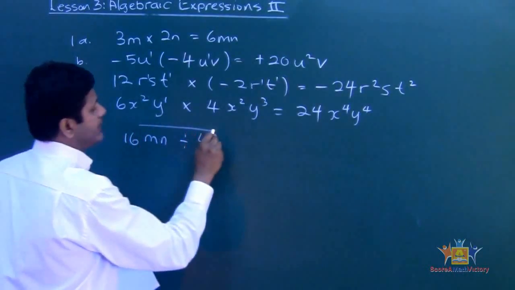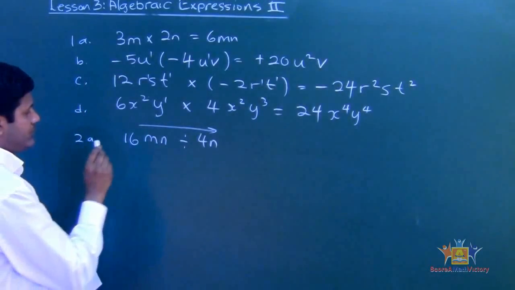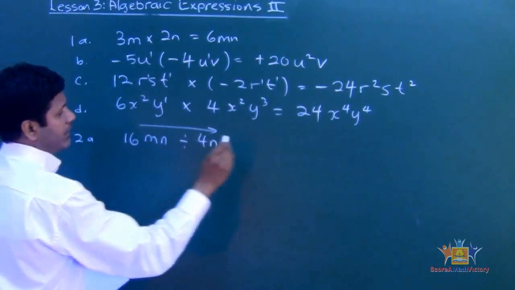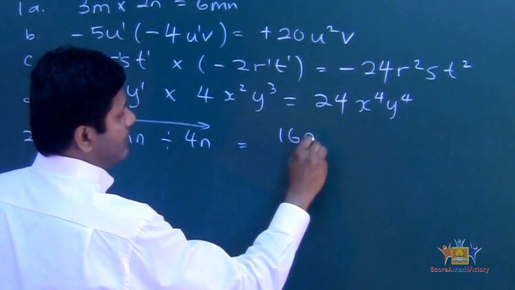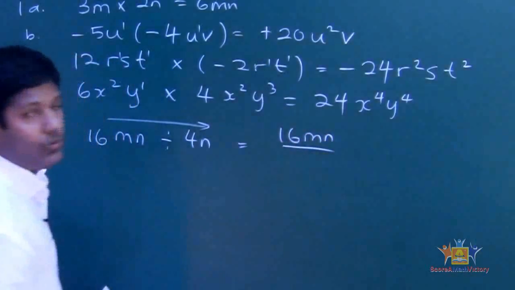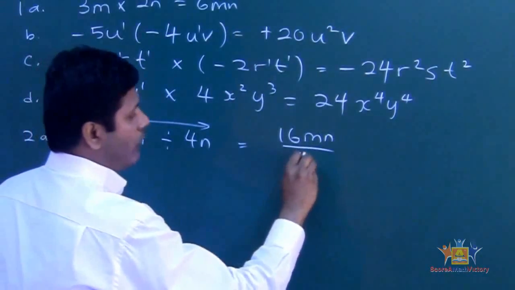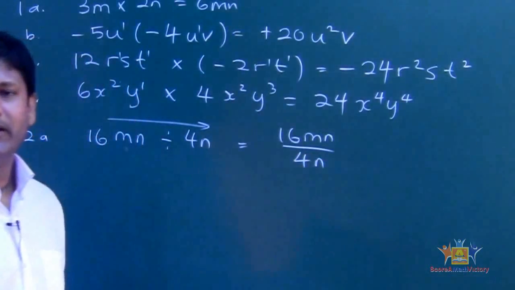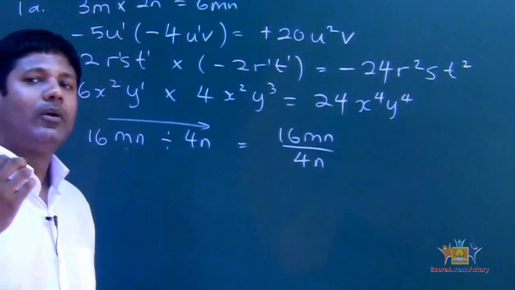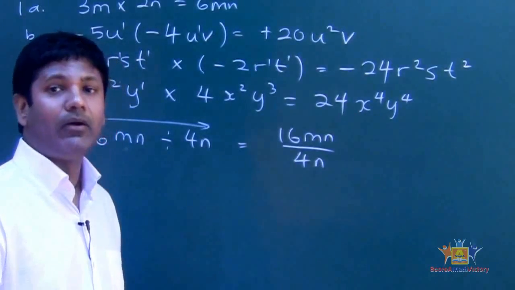We read exactly what it says, from left to right. What does it say? 16mn divided. So we're going to put 16mn. The division becomes over. Our goal is to convert that into the form of a fraction. Over 4n. When we divide, what do we do to the power? Either we cancel or subtract.